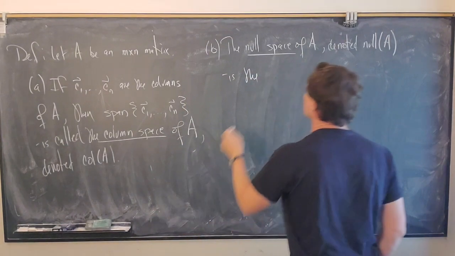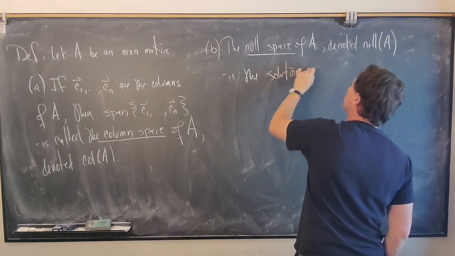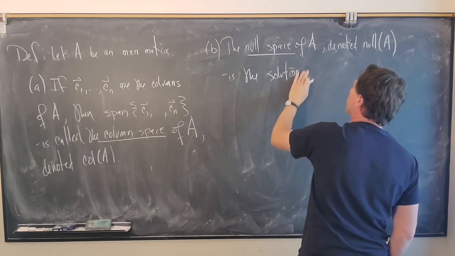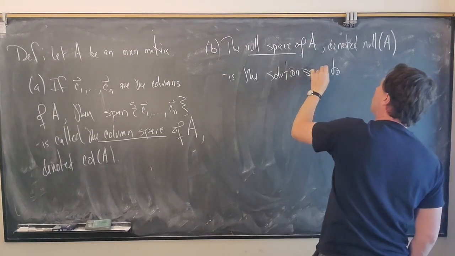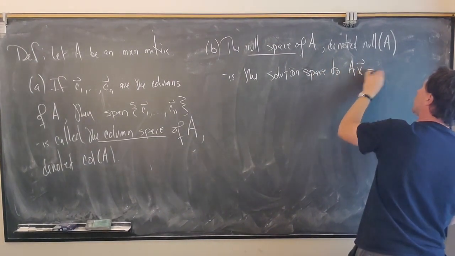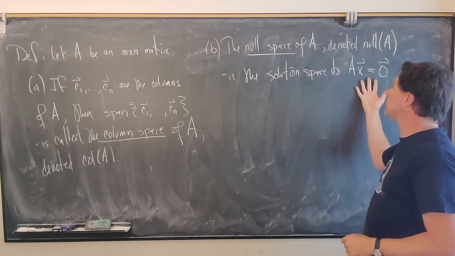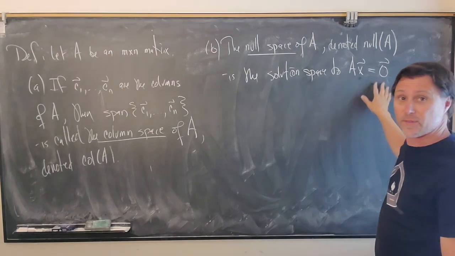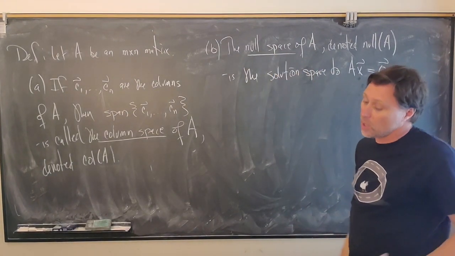It's the solution space, the set of all possible solutions to the homogeneous system AX equals 0. We've shown earlier that this subspace consisting of all x that satisfy this equation is a subspace. We're just giving it a name here. It's called the null space.